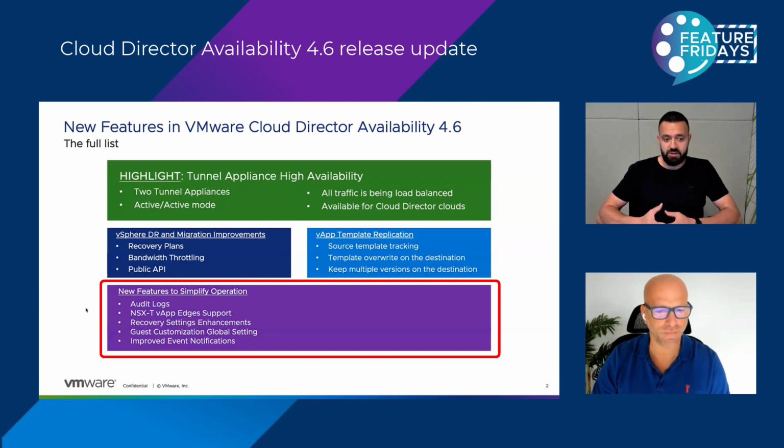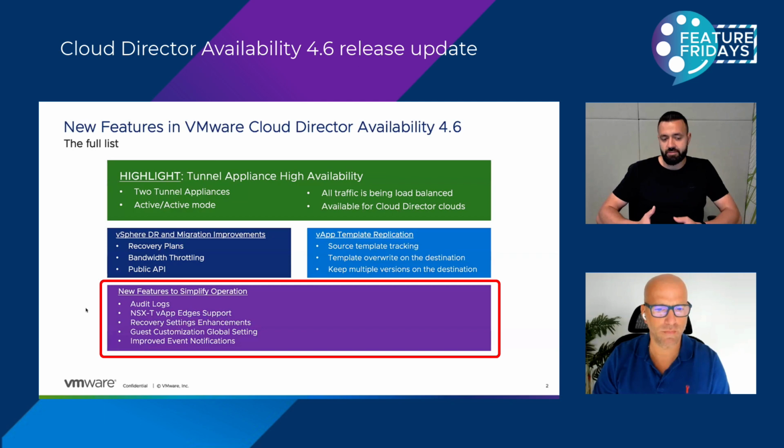And we have some other new features that help cloud providers to operate their DRS in a simpler and more convenient way, like auditing. Now all the Cloud Director Availability actions are added to the Cloud Director audit trail.